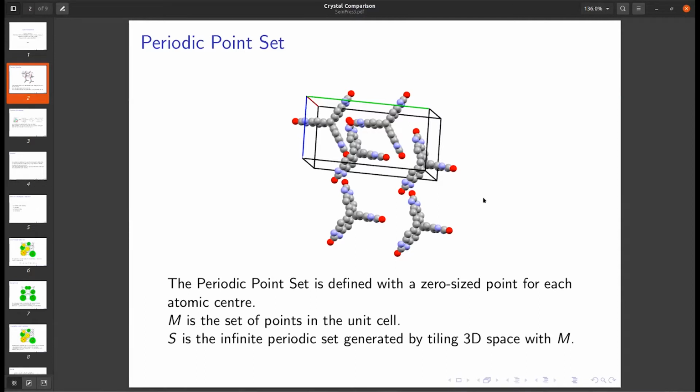The unit cell is a parallelepiped represented with 3 lengths, 3 angles, in this case a cuboid. And the motif M is the set of points that reside within that unit cell, that parallelepiped. And I'm using S to represent the infinite set of points generated by tiling the 3-dimensional space with that unit cell and point set.